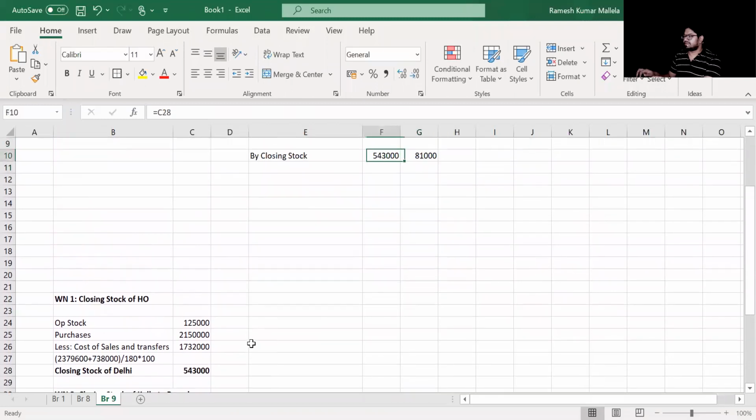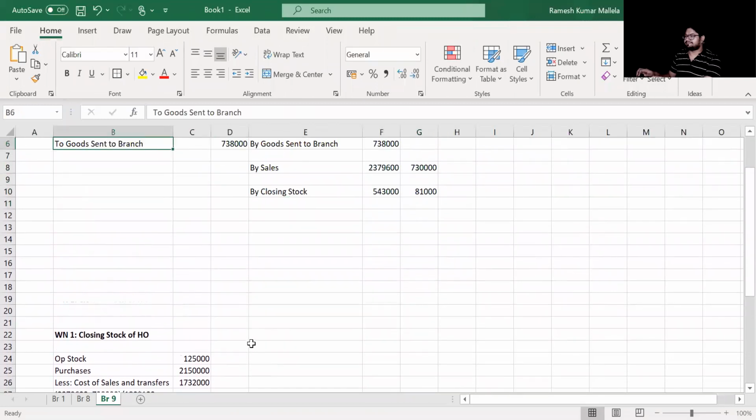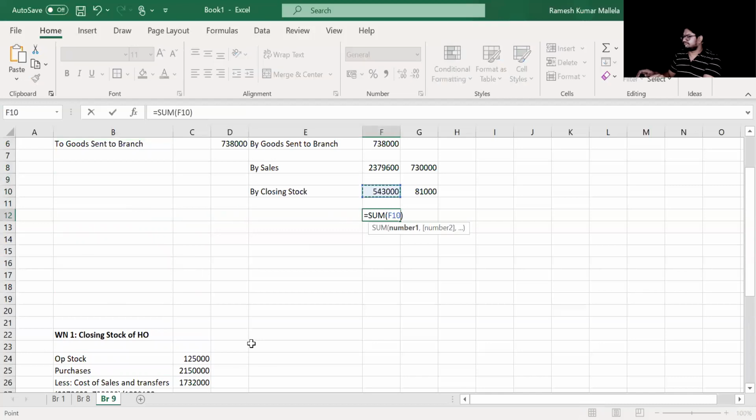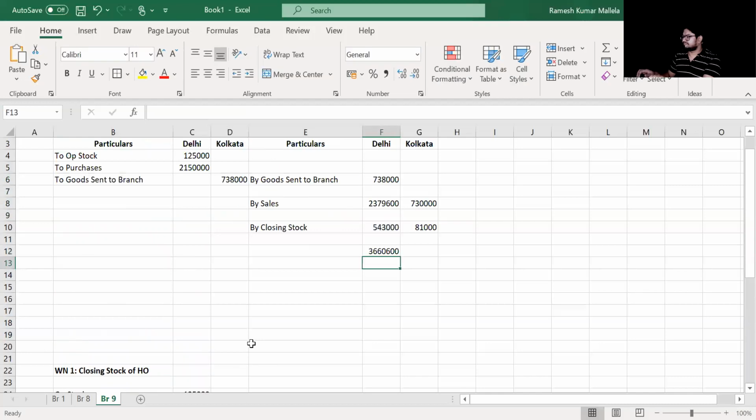Okay. So now let us go ahead with preparing the accounts. So gross profits, let us calculate.